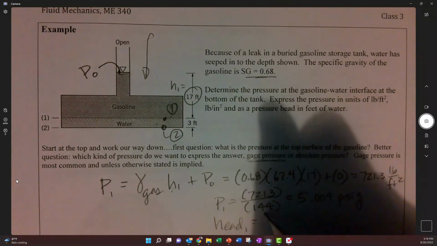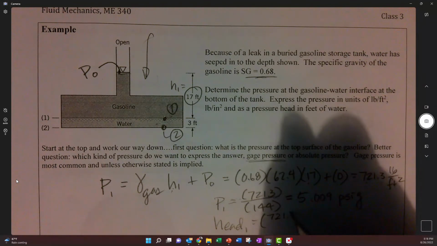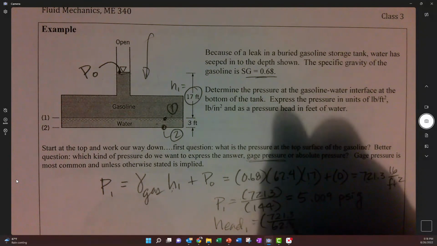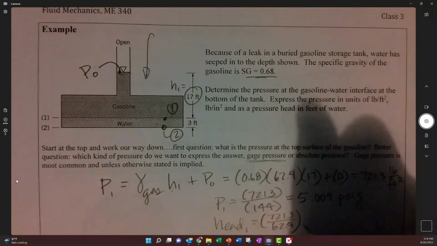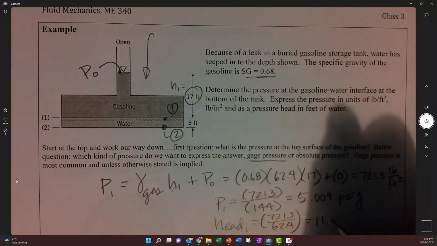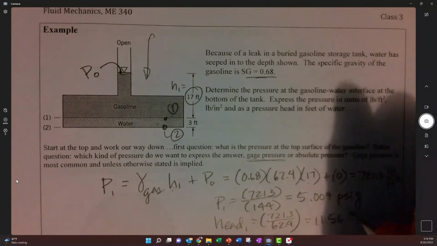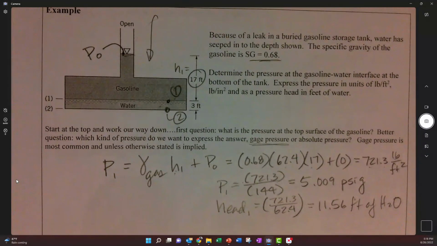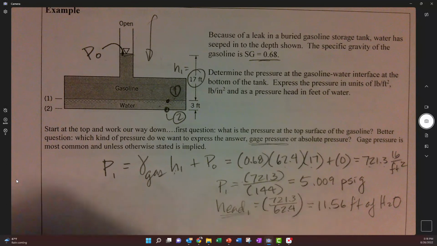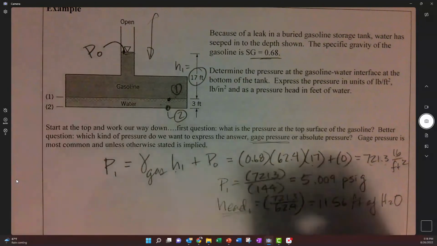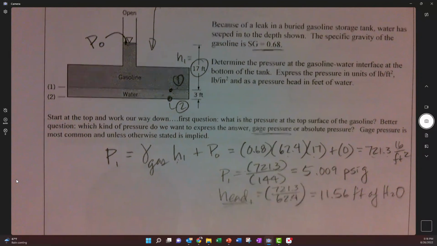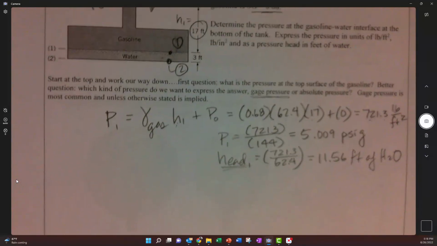So what we'll do is we'll take our 721 and divide it by the weight density of water, and that's going to give us how many equivalent feet of water would give you the same pressure, right? It's this idea of head being something that's like a useful way of thinking of pressure, thinking of how much water would be equivalent to it.